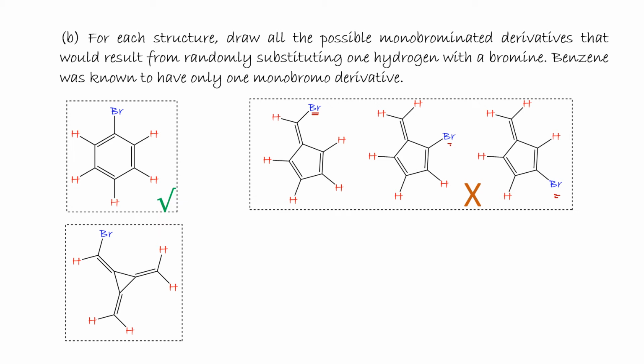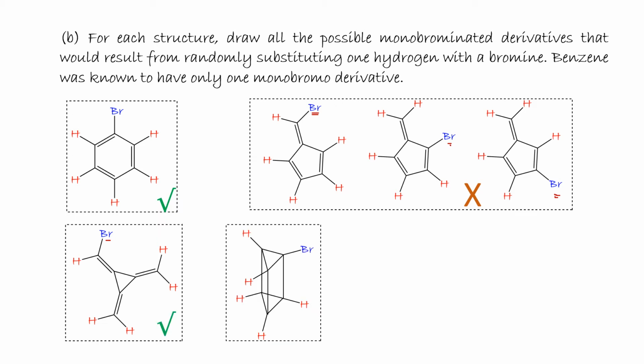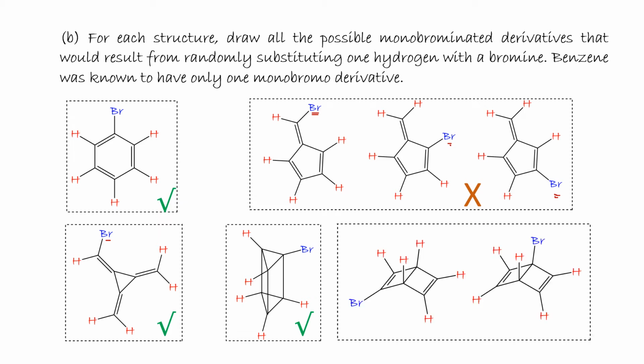For this structure, okay, we have one monobromo, that's right. For the prism, yes, we have one monobromo, they all have identical hydrogens. For this structure, we have 2 possibilities, either one in here or one in here.